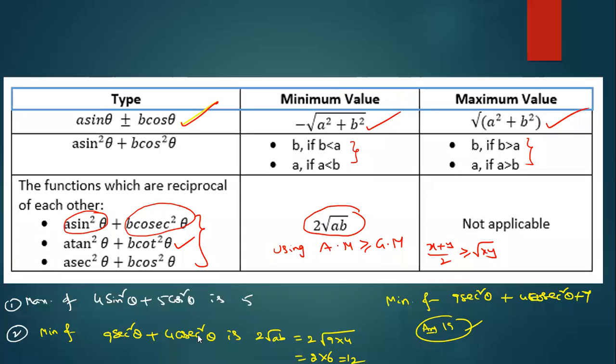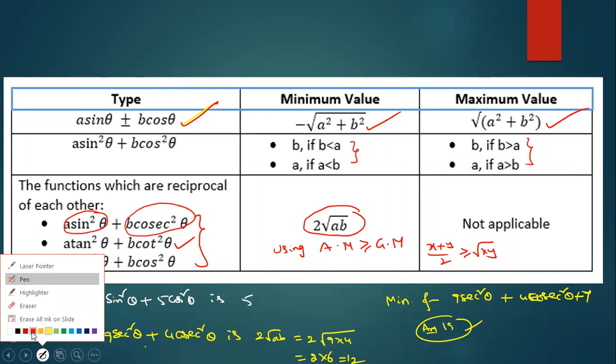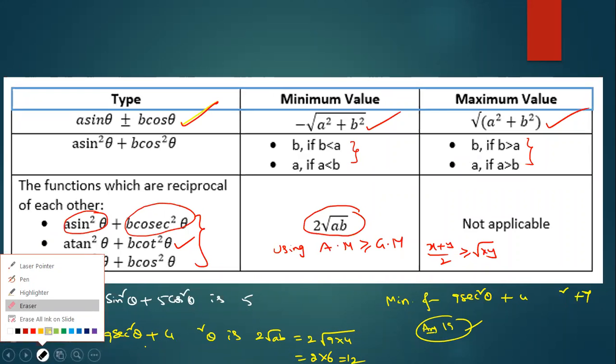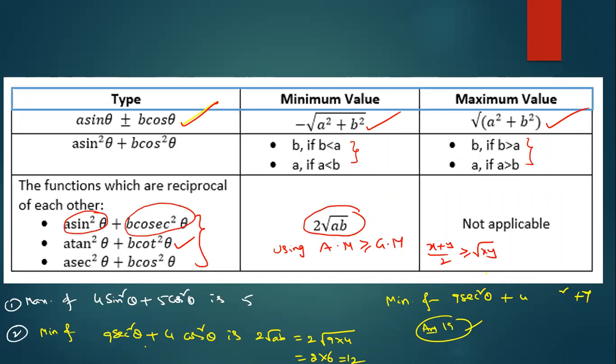This one is a cosecant square theta. I wrote cos square theta here by mistake.